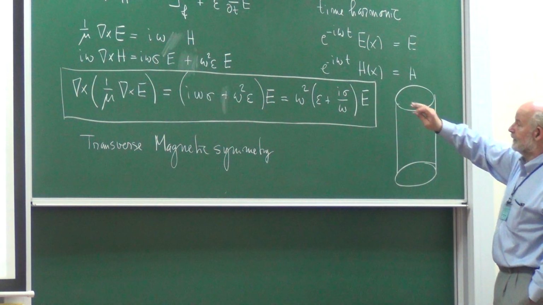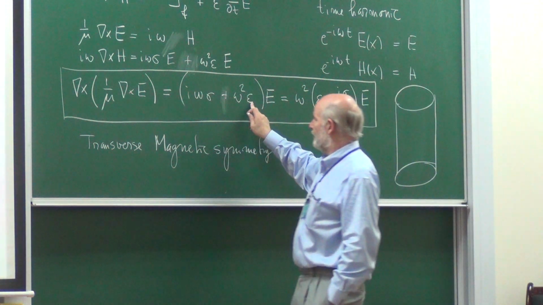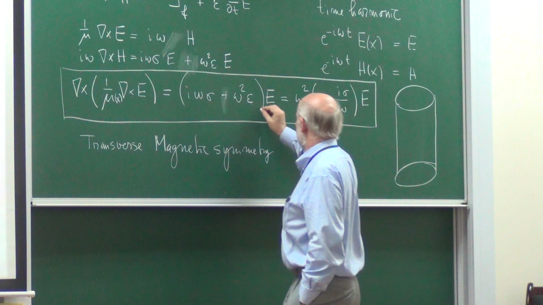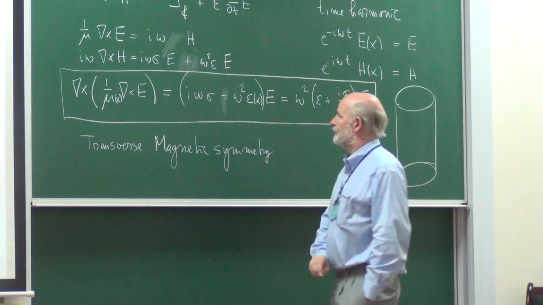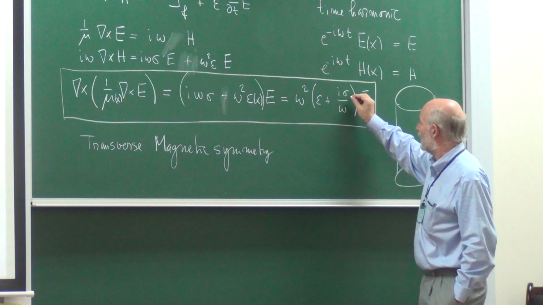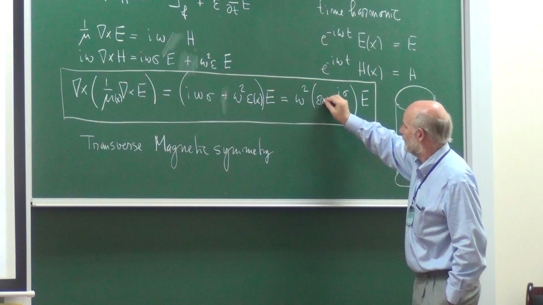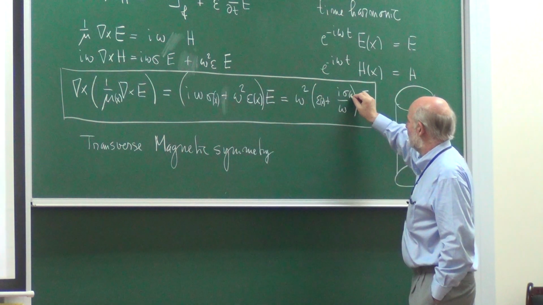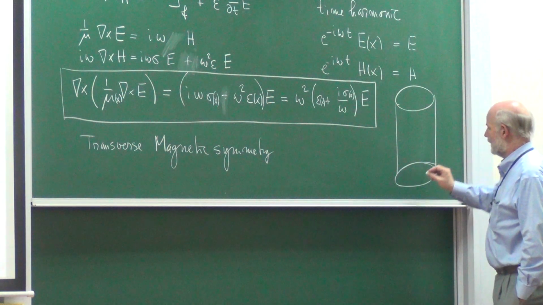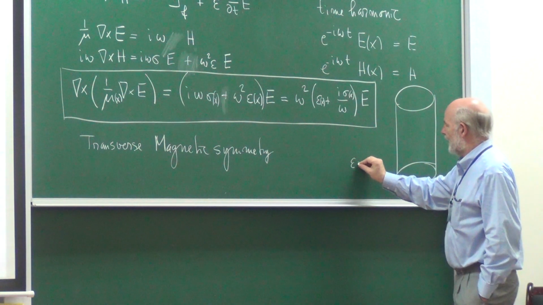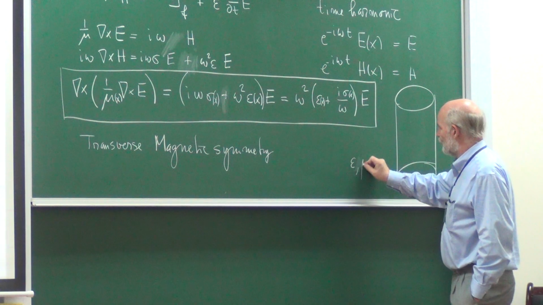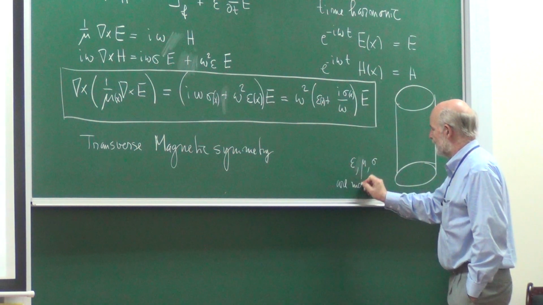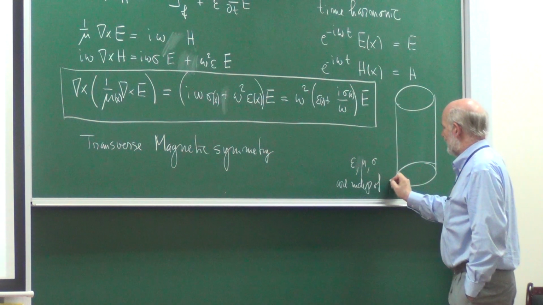And the coefficients here, the mu and the epsilon, they depend on x. Sigma depends on x. But you think of epsilon, mu and sigma as independent of x3.